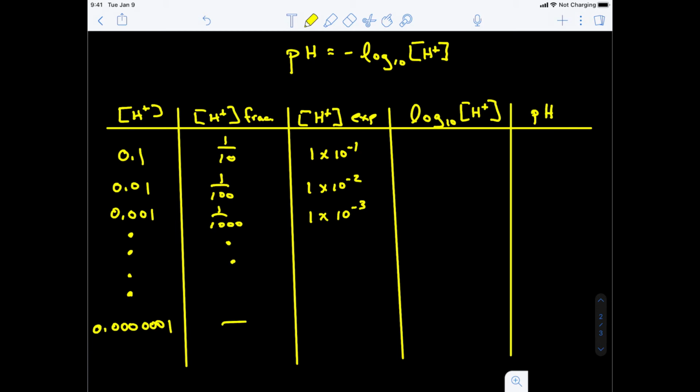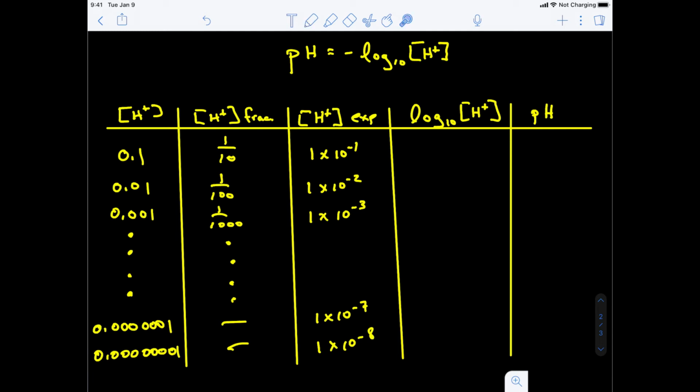Too lazy to do that right now. We'll just say that that equals 1 times 10 to the negative 7 molar. Let's do one more. 0.00000001, 1 times 10 to the negative 8 molar.